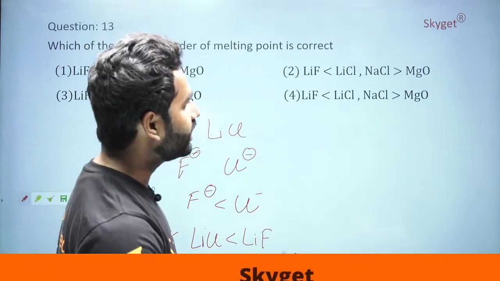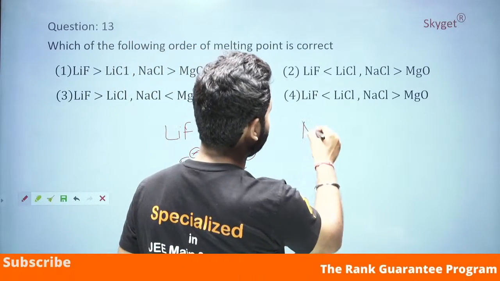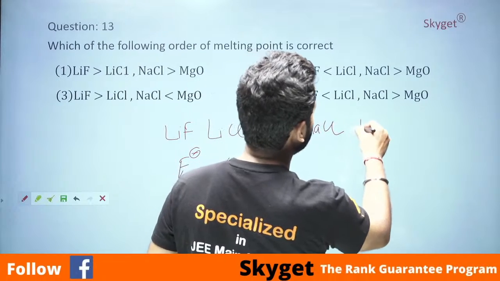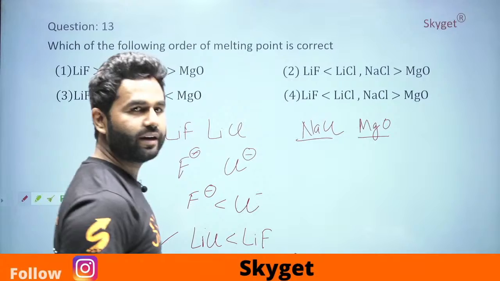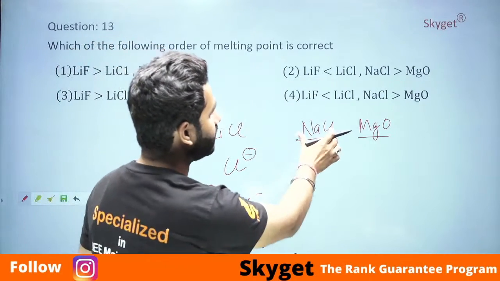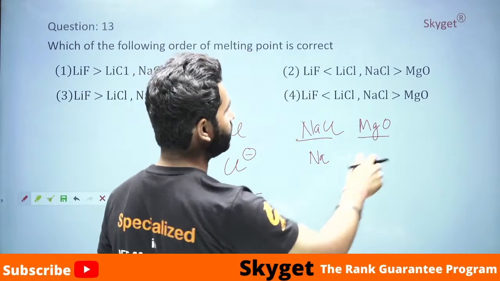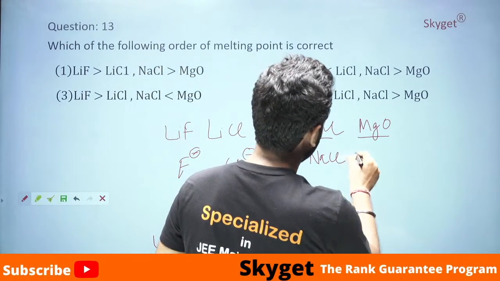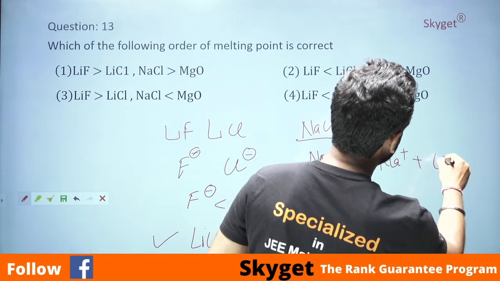Let's go to the second group of compounds given here. We are given NaCl and MgO. In the case of NaCl, when we dissociate the ionic compound into its constituent ions, it forms Na plus and Cl minus.